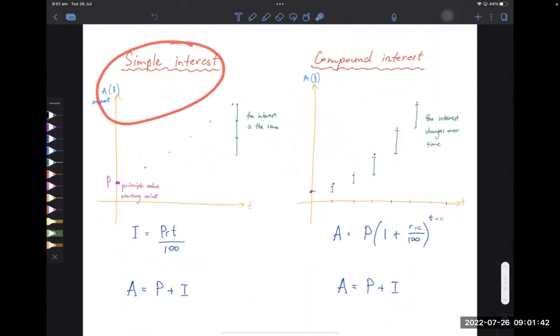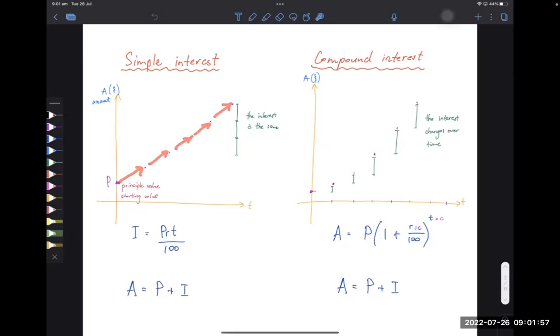We have two ideas, simple interest and compound interest. With simple interest, this is just a review. The amount you put in at the beginning will increase or decrease, it depends. But for the sake of this, we're going to just look at interest. So it's how much we're going up by.